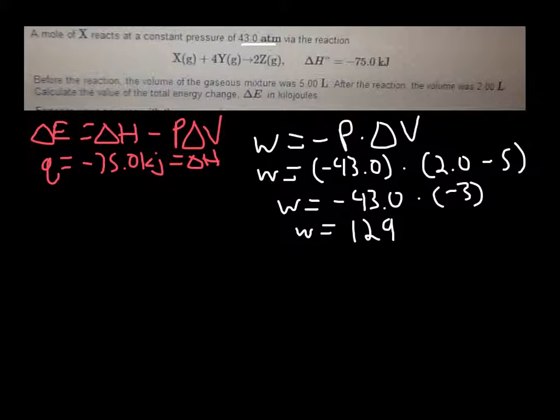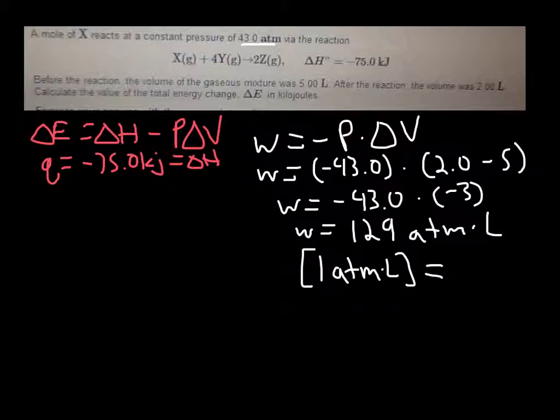Now, what are the units? Atm multiplied by L. Can we just do 129 multiplied by 75 kilojoules? No, we can't, because the units aren't the same. But on a test, or just in general, you will always be given that 1 atm·L is equal to 0.101 kilojoules.